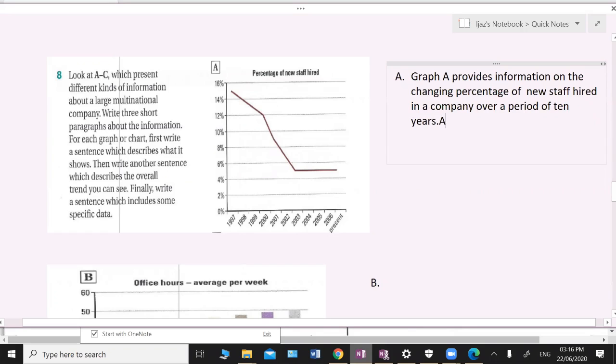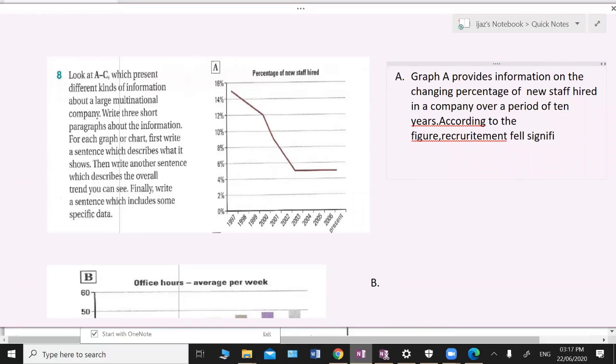According to the figures, recruitment fell significantly or dramatically, fell significantly during this period.